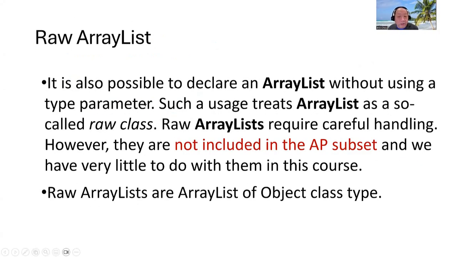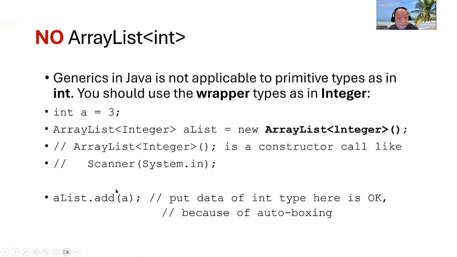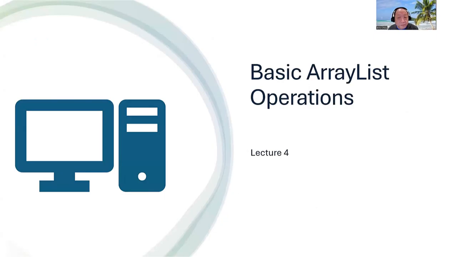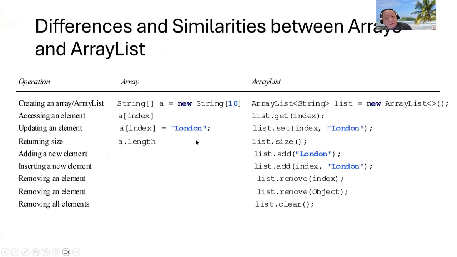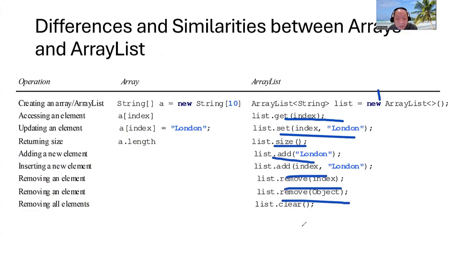Raw data type is ArrayList with no type. AP subset doesn't test it, but anyway, you need to know. So this table of the basic operations, you must remember: creating the list, get index, set index, size, add at an index, remove an index, remove an object, clear.